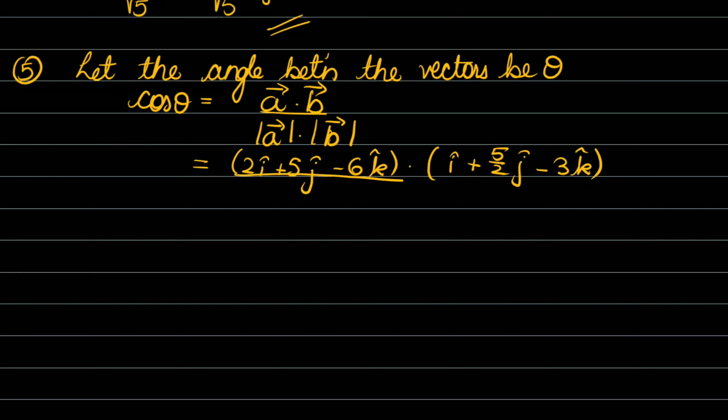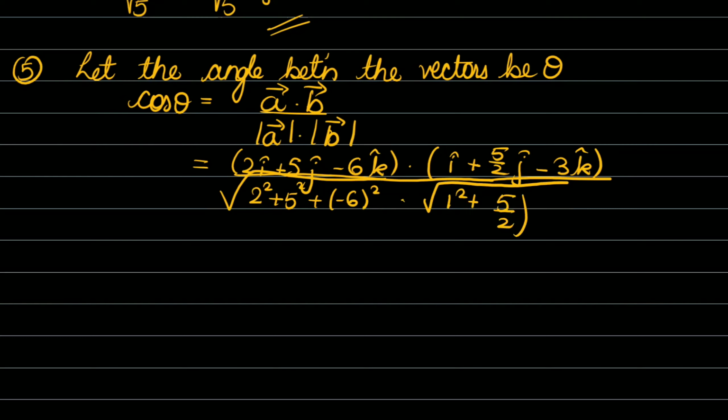The whole term is divided by magnitude of A vector. So magnitude of A vector can be written as under root 2 square plus 5 square plus minus 6 square, times under root 1 square plus 5 by 2 the whole square plus minus 3 square. Now solve the numerator value.